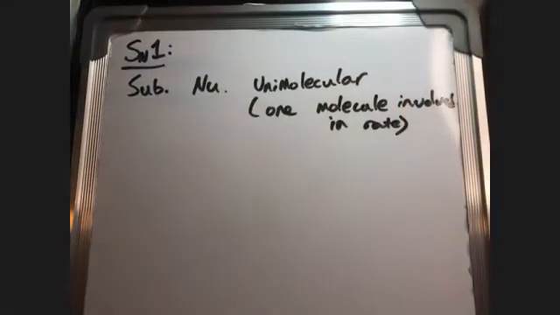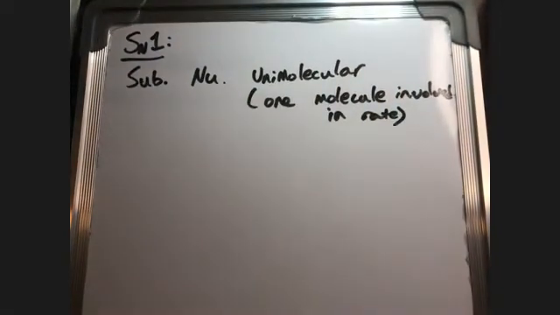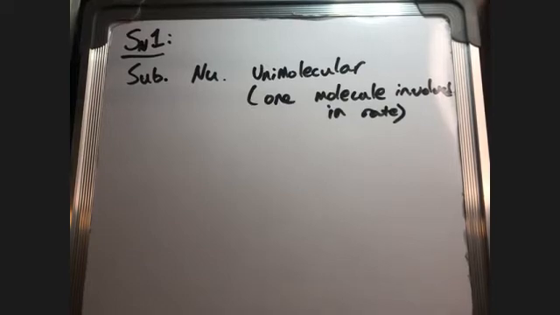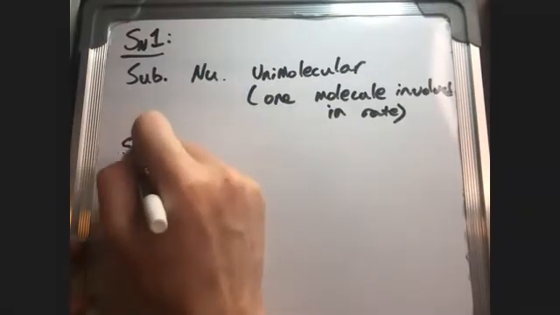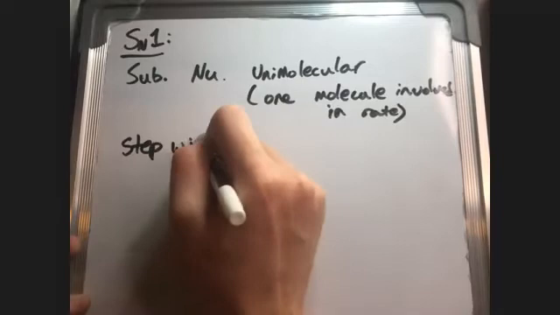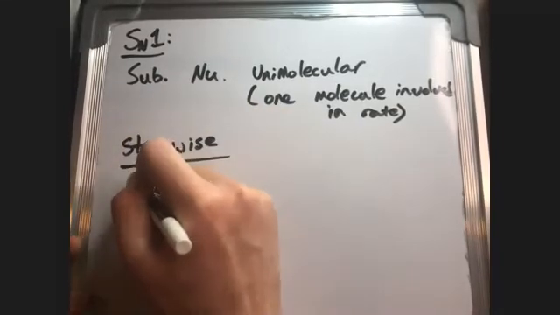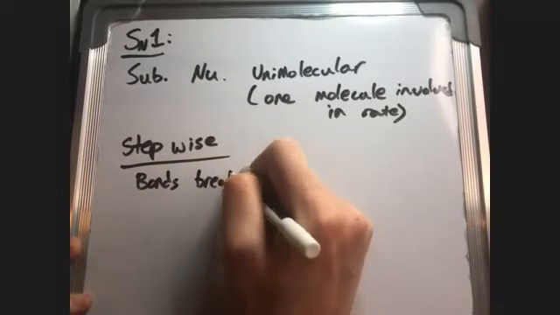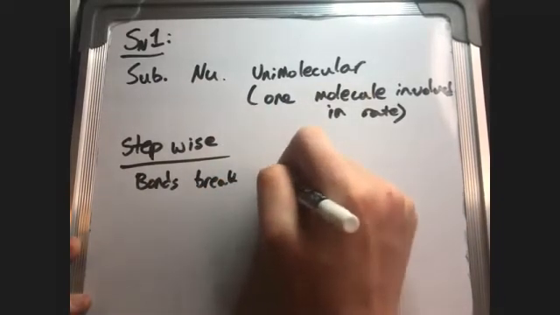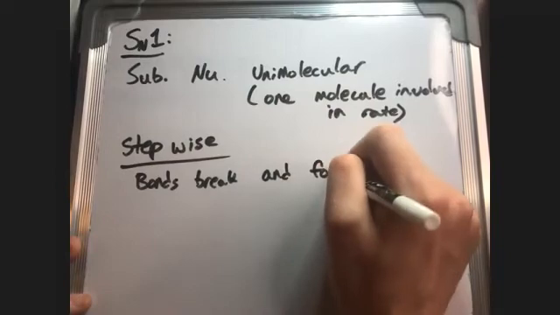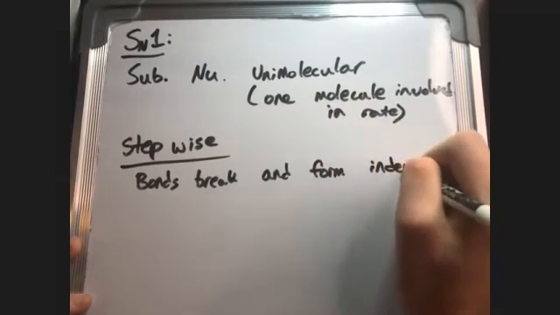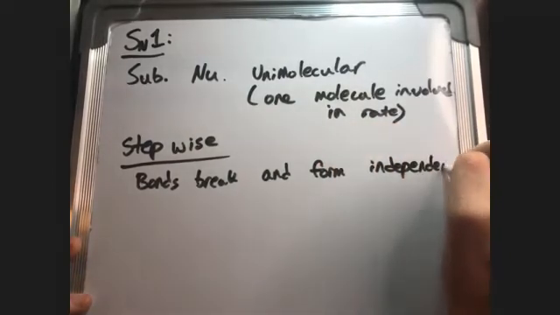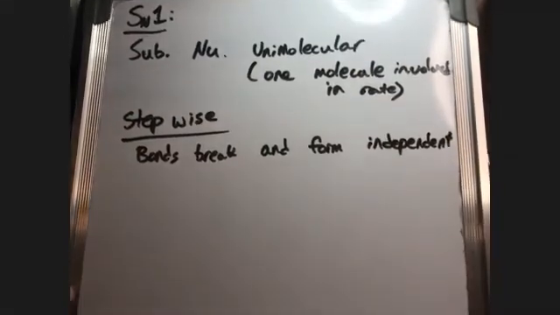So it's stepwise. That's the first thing we'll start with. And stepwise means that bonds break and form at different times. So let's just say independently. There's no dependent relationship. It doesn't occur simultaneously.